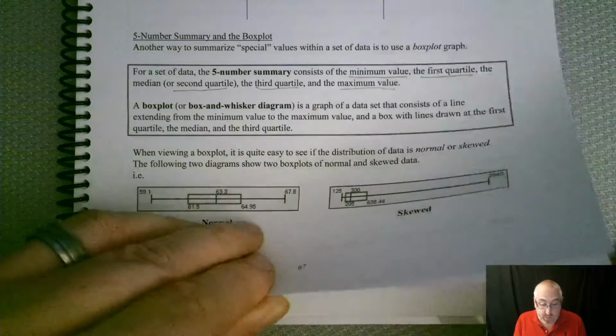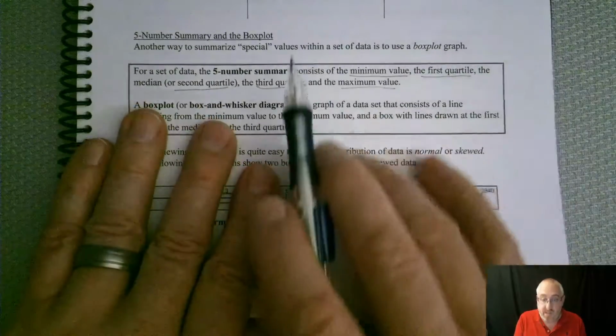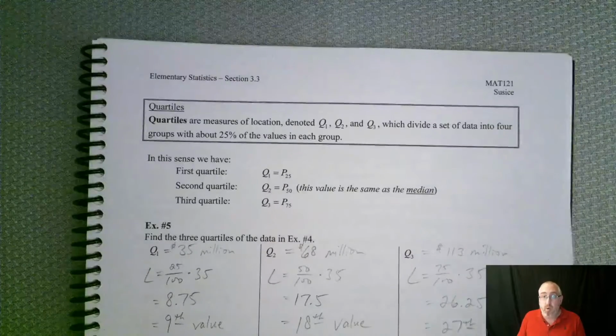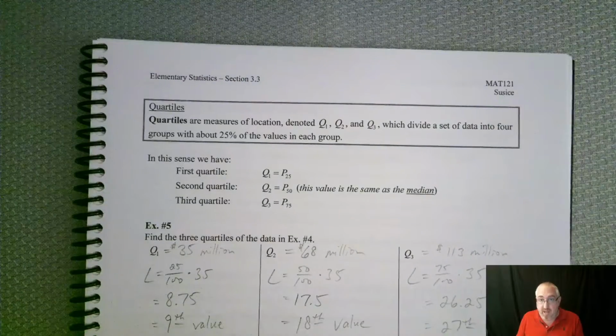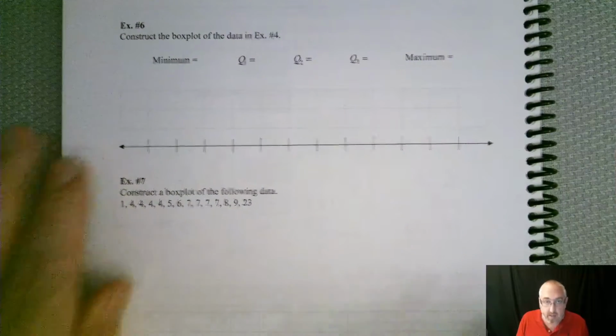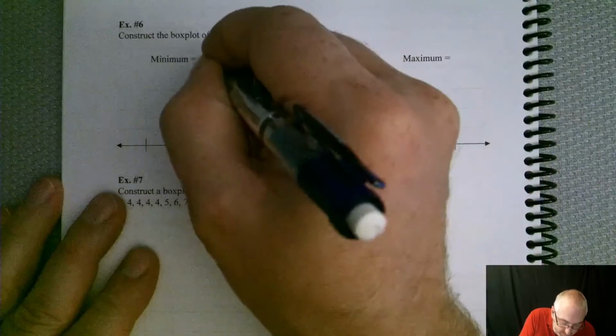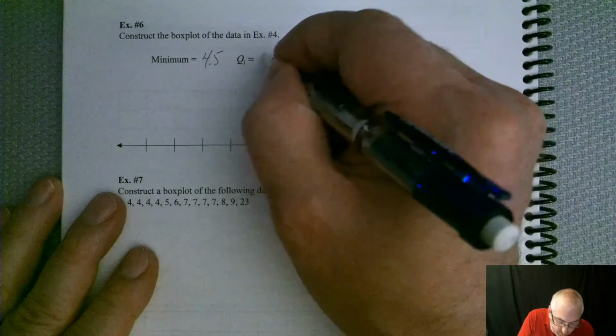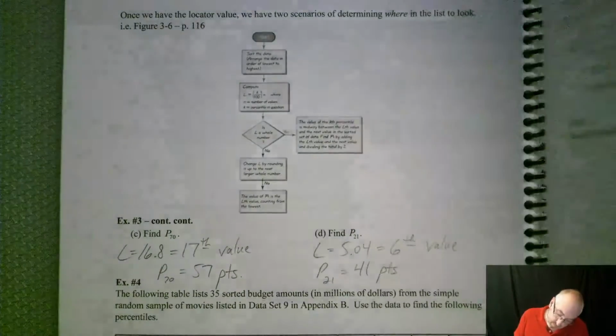So it just gives you that visual of what's happening with your data. Now let's do that for our previous example. Remember we had all those different budget amounts and we found some quartiles: 35, 68, 113. Let's put all of that data down so we have it. The minimum is 4.5. The first quartile was, I already forgot it, 35.